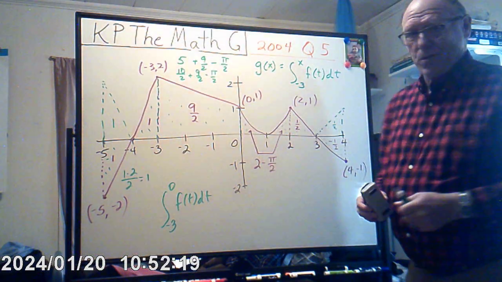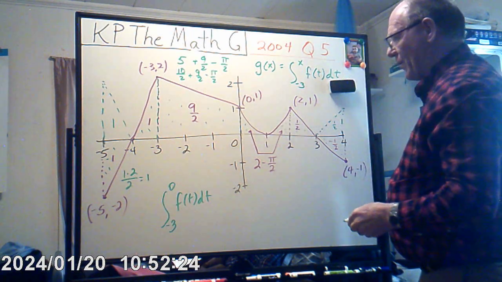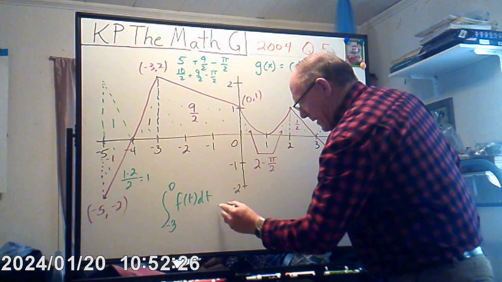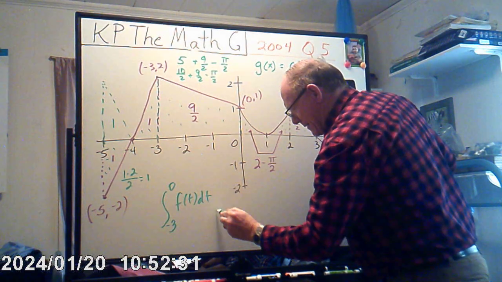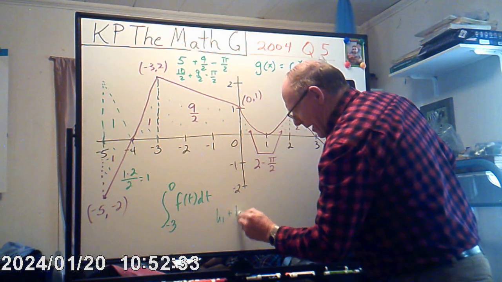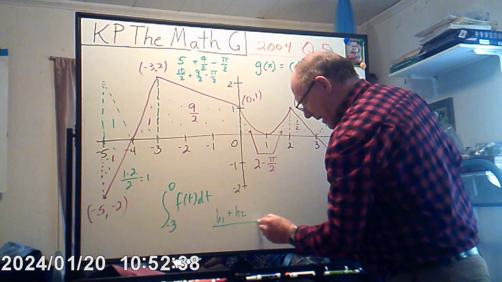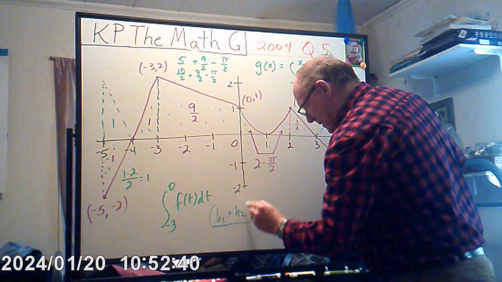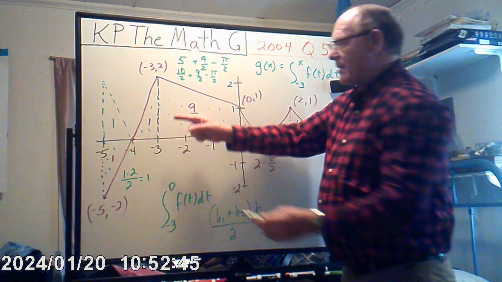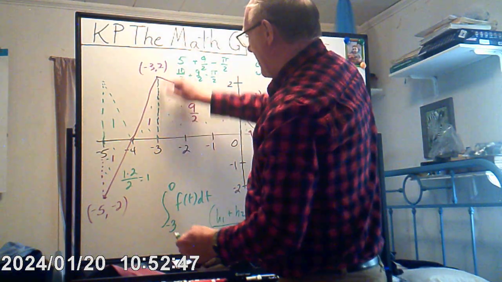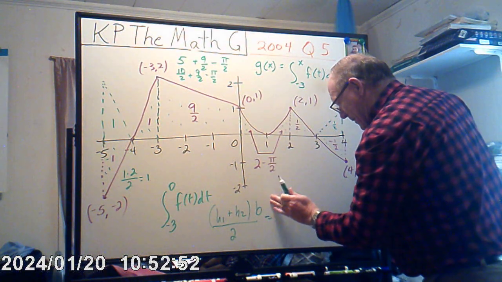This is a trapezoid. If you remember your area of a trapezoid, it's going to be height 1 plus height 2, times the base, divided by 2. Height 1 is, well, how high is that? From here, there's my y value, that's 2. Height is always the y value.